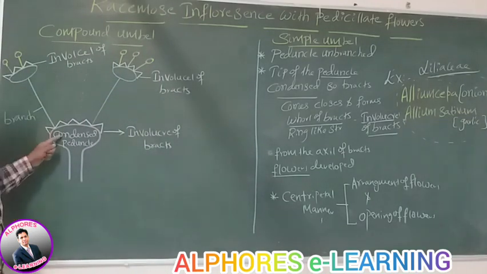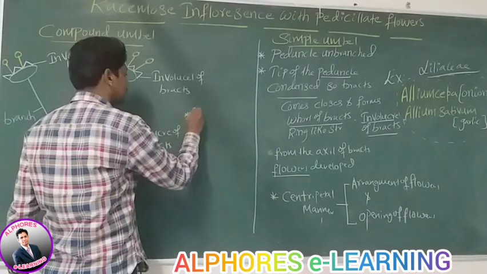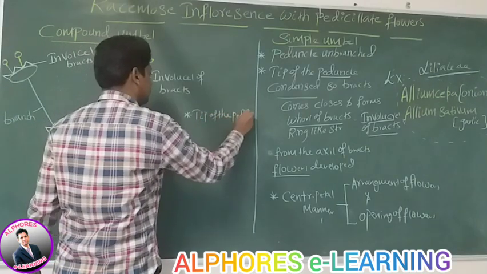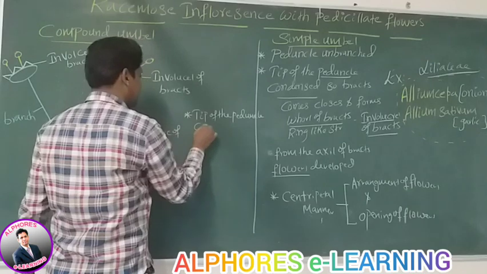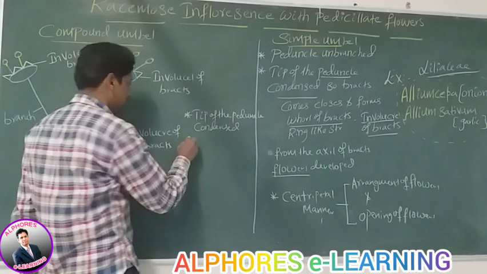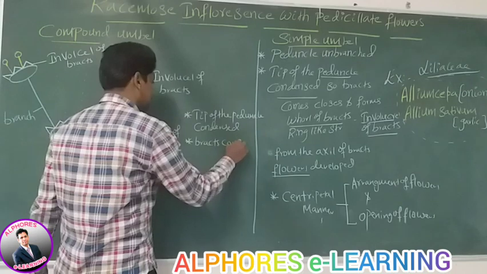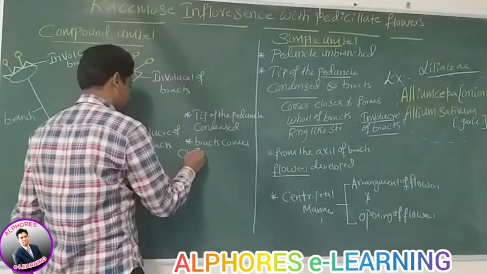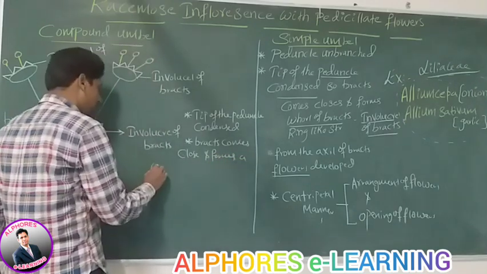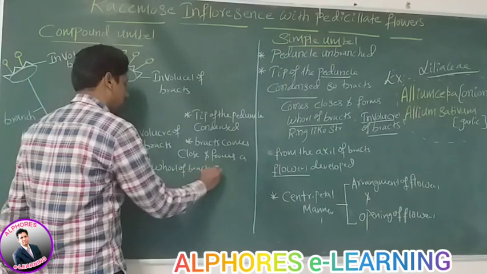The tip of the peduncle is condensed. Bracts come close and form a whorl of bracts.